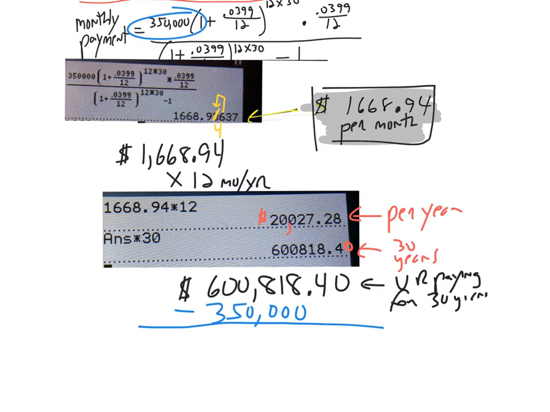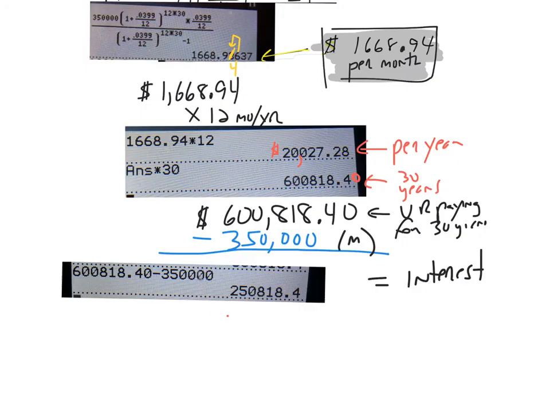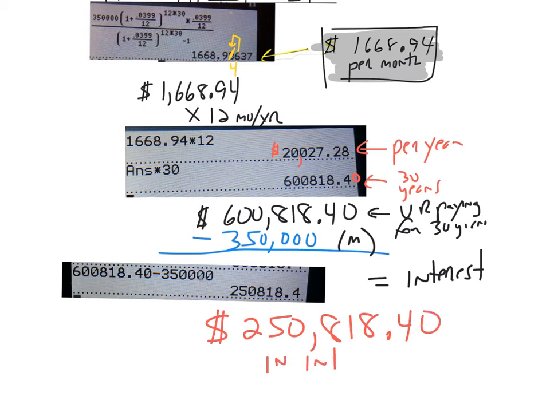So you have to subtract those two values. You always subtract your M value from how much you're paying over the 30 years to figure out how much in interest you're paying the bank back. So here you're paying the bank $250,818.40 in interest.